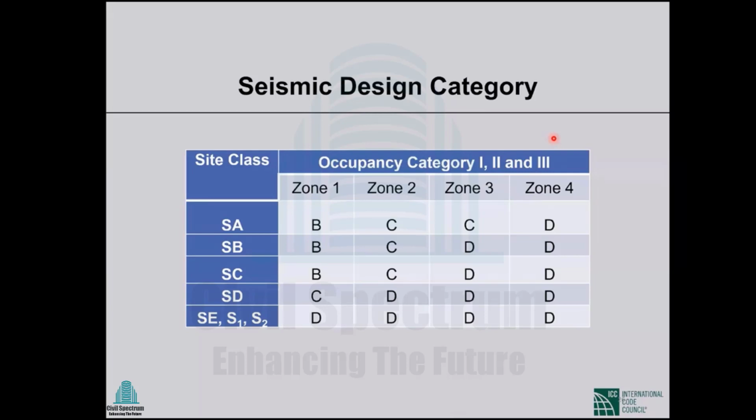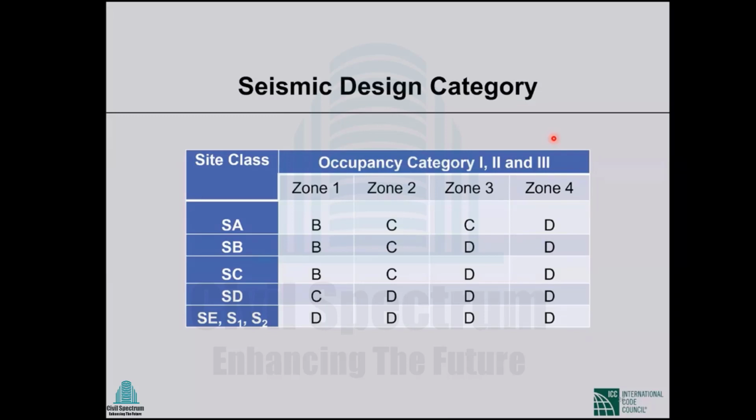What we used to do, if we considered a structure to be a special moment frame, then we would reduce the load using a greater R value. That's all. There was no restriction on using ordinary, intermediate or special.